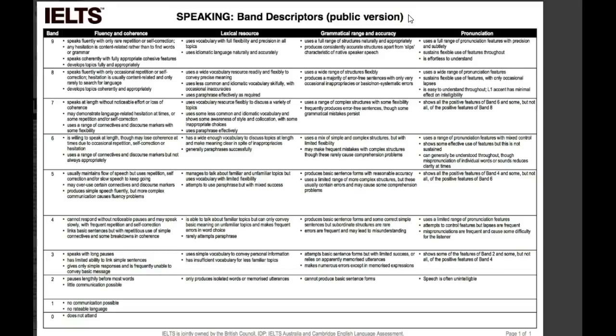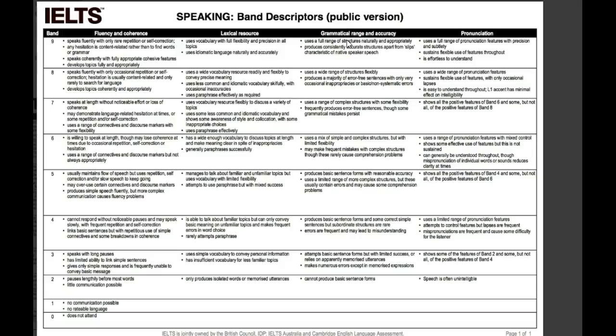So let's talk about what we have. We all pretty much know that there are 9 bands. You can ignore band 0, okay? But essentially it's bands 1 through 9. And of course there are 4 criteria that we are graded on: fluency and coherence, lexical resource, grammatical range and accuracy, and pronunciation.